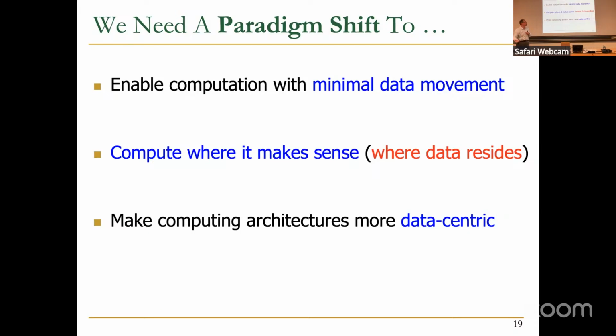Basically, we cannot do computation with minimal data movement. We always have to incur some data movement, and we always have to somehow hide it with some techniques or minimize it. So our goal is really to enable computation where it makes sense to do so, where data resides, such that we have choices in the system, right? We should not be limited to doing computation far away from the data.